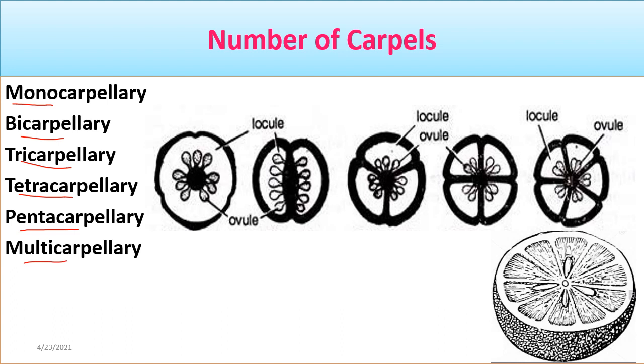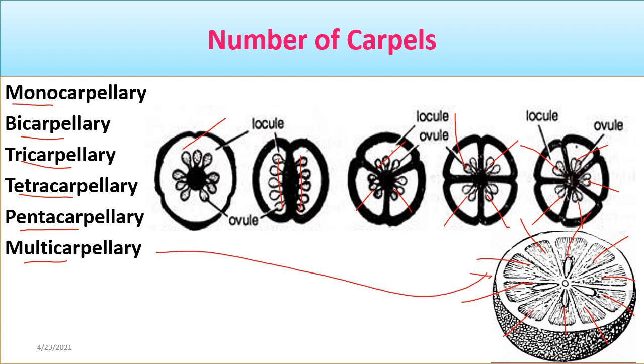Here you can see this is monocarpellary, this is bi, this is tri: 1, 2 and 3, this is tetra: 1, 2, 3 and 4, this is penta: 1, 2, 3, 4 and 5, and this is multiple: 1, 2, 3, 4, 5, 6, 7, 8, 9, 10. It depends. So this is multicarpellary condition. So this is called the number of carpels.